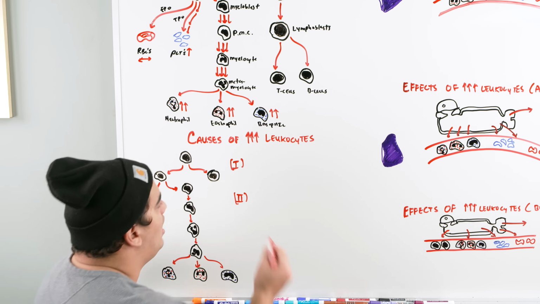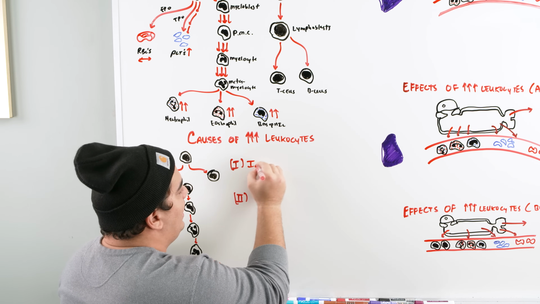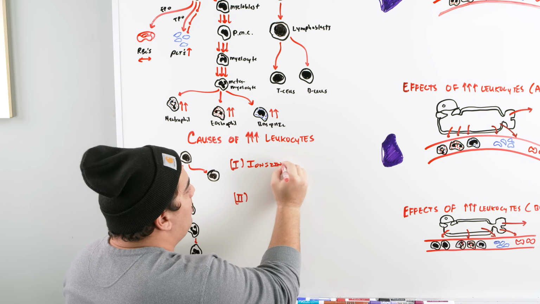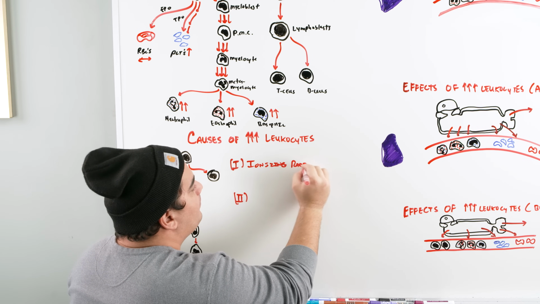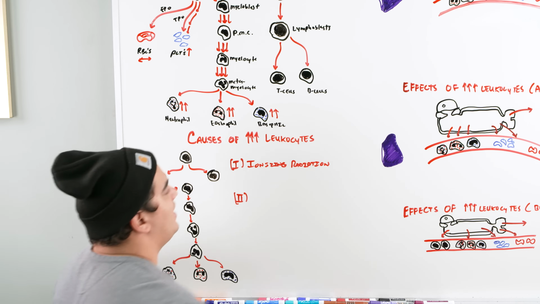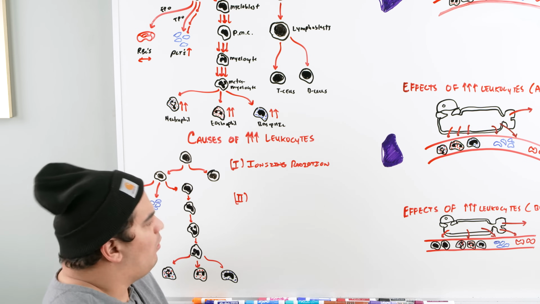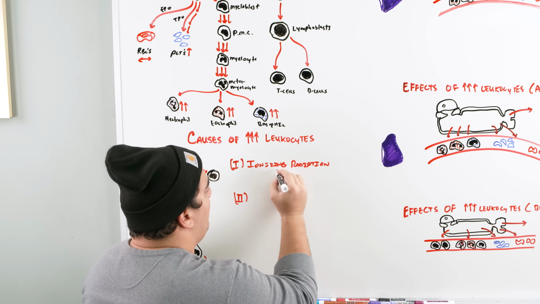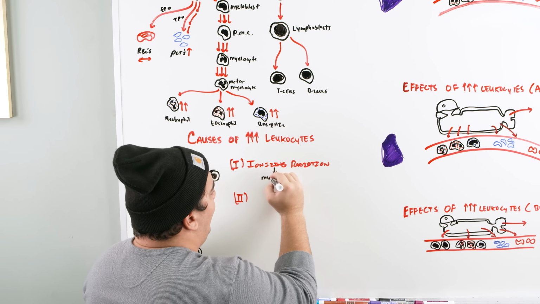One unlikely cause, but it's something to think about, is ionizing radiation. This may produce some type of mutation, if you will. But I would say that this is less common. The reason why ionizing radiation may do this is it may potentially produce a mutation.